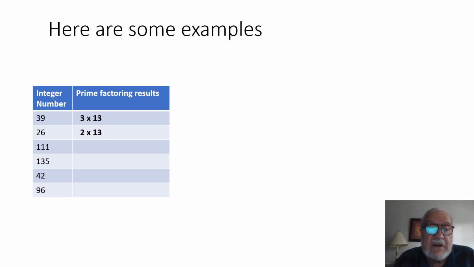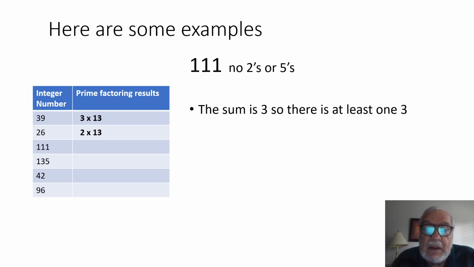All right, now, next number, 111. When you look at the last digit, there are no 2's and 5's because of that. And so when you sum the digits, you get 3. So there is one 3 in the factoring for 111. So divide 3 into 11, it goes 3 times with 2 left over.